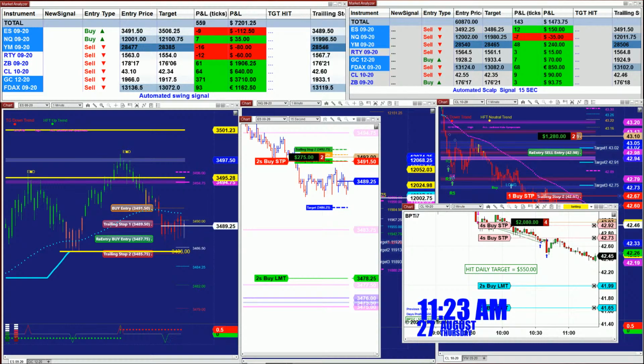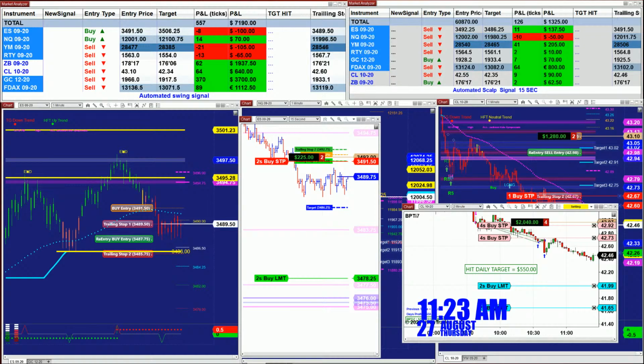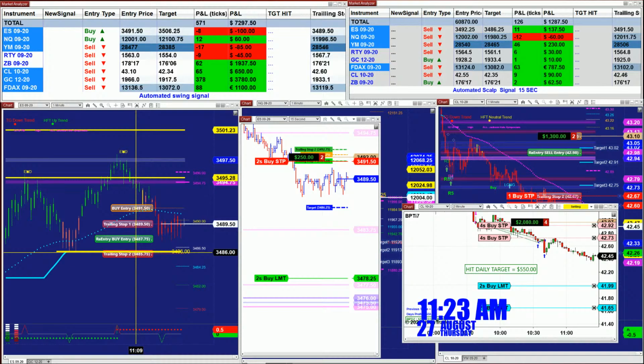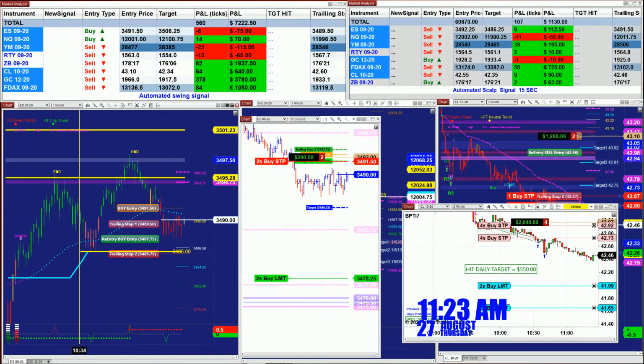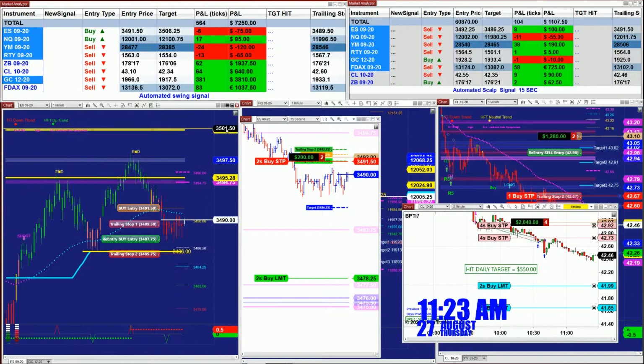So we're going to stay a little bit longer. For the ES, there is no short trade at the moment. The only time you can take a short trade is from the re-entry signal. The re-entry signal is right there, right in front of you. 34.86, this is a re-entry long. Later on today, things can change. If the market breaks the 34.86 on the ES, you can consider taking short trades.